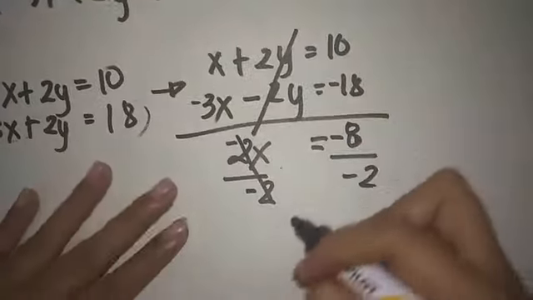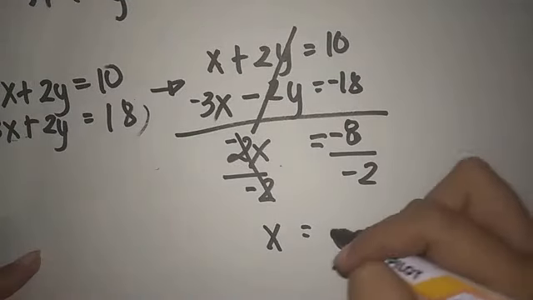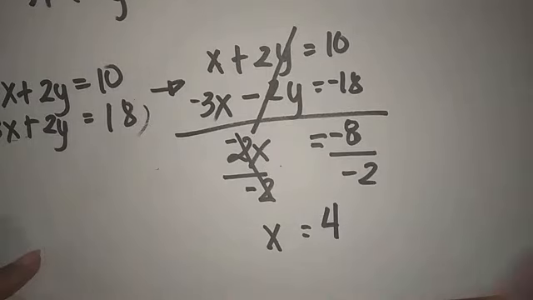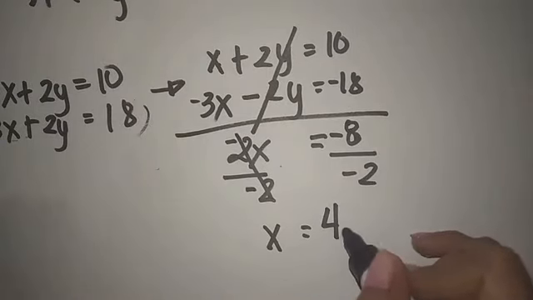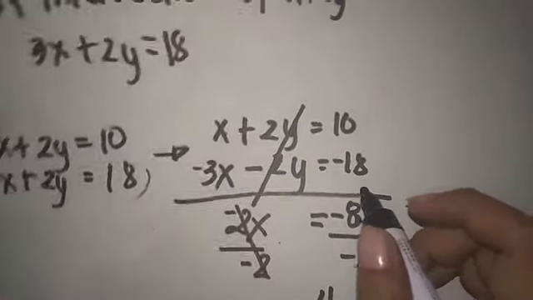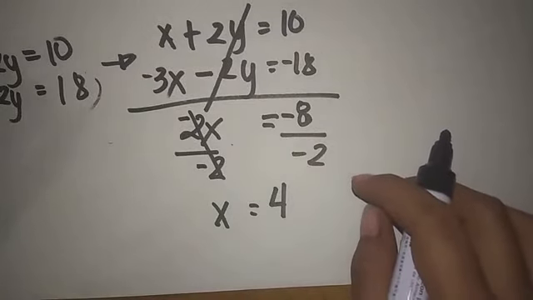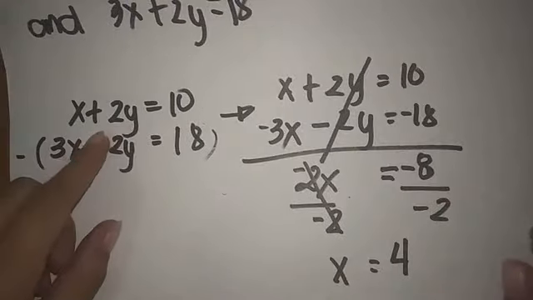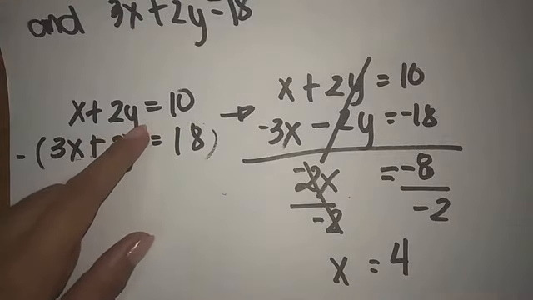So, meron kang x is equal to negative 8 divided by negative 2 is positive 4. So, we have the value now ng x, which is 4. So, ngayon, hanapin naman natin si y. So, para mahanap si y, gamitin natin yung unang equation, yung x plus 2y is equal to 10.